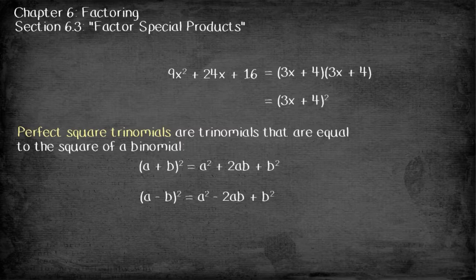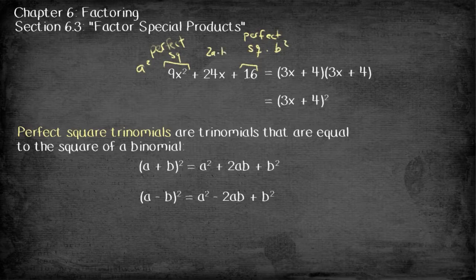Because you want a perfect square here. You want a perfect square here. And then this has to be equal to 2 times the product of the square roots of both of our perfect squares.